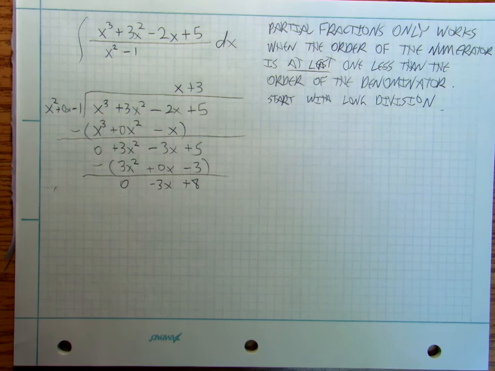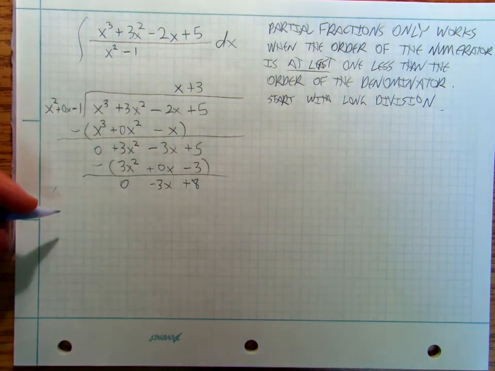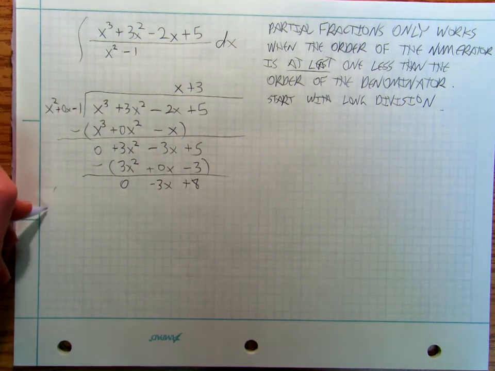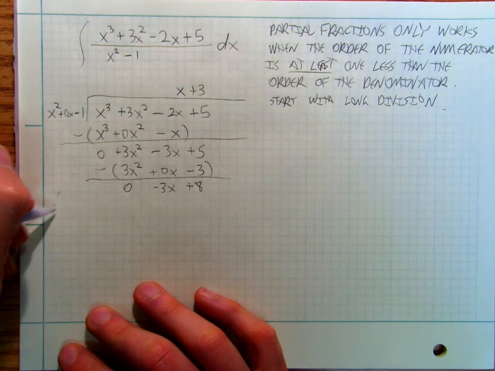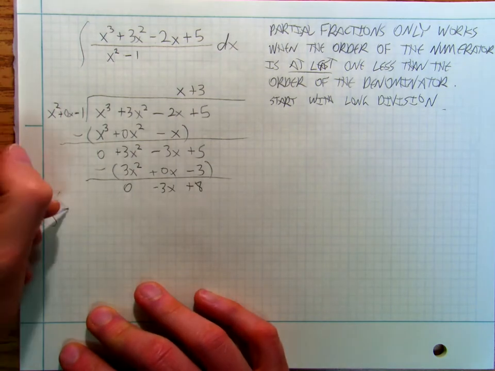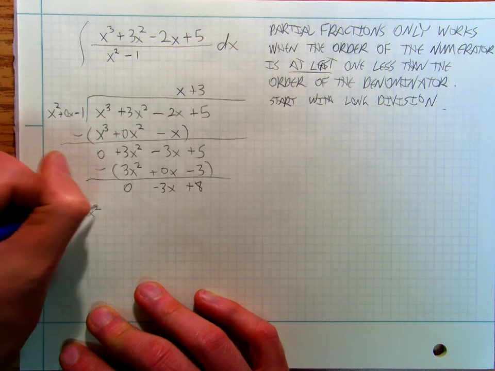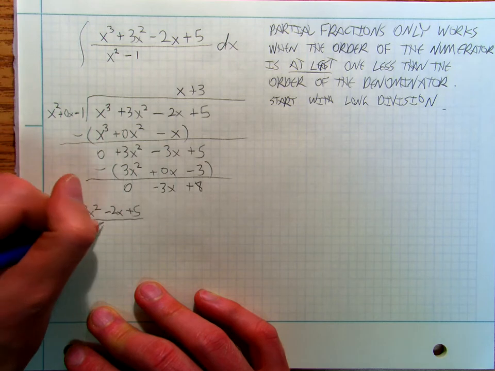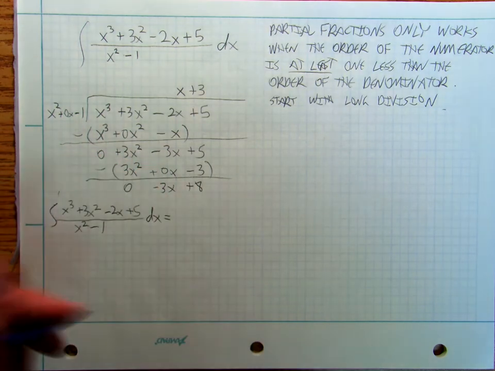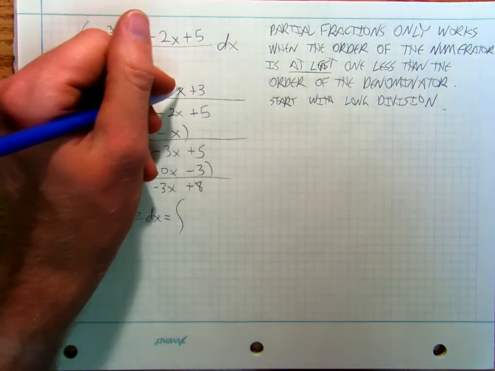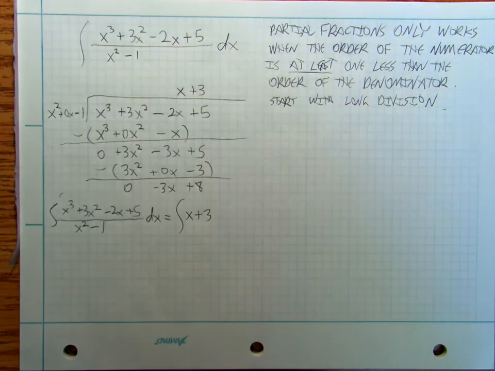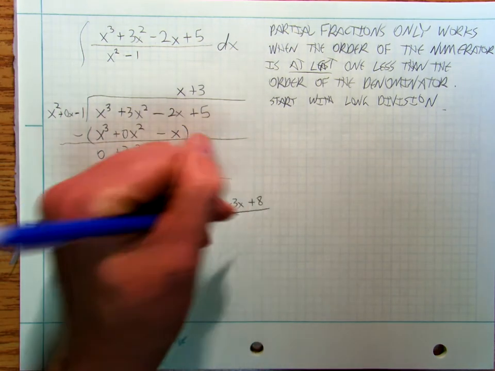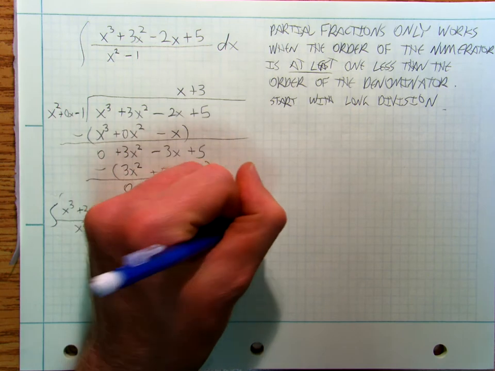So now I'm going to write this as, well, I might as well just do it. The integral of (x cubed plus 3x squared minus 2x plus 5) over (x squared minus 1) dx can be written as the integral of x plus 3 plus (negative x plus 8) over (x squared minus 1) dx.